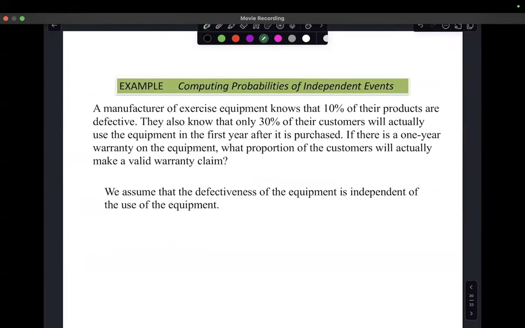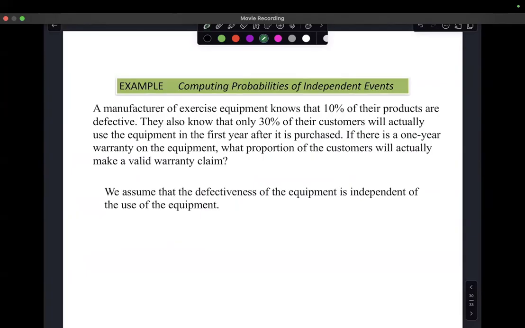So this is math that manufacturers actually do, especially when they have defects in their equipment. In this case, this manufacturer of exercise equipment knows that 10% of their products are defective. They also know that only 30% of their customers are going to actually use the equipment in the first year after it's purchased.